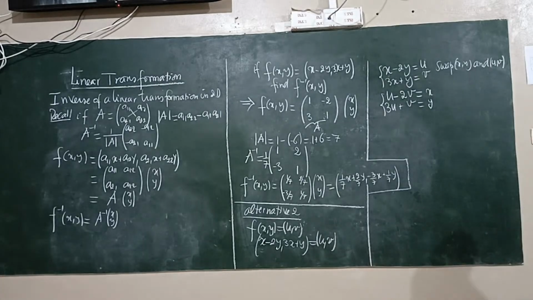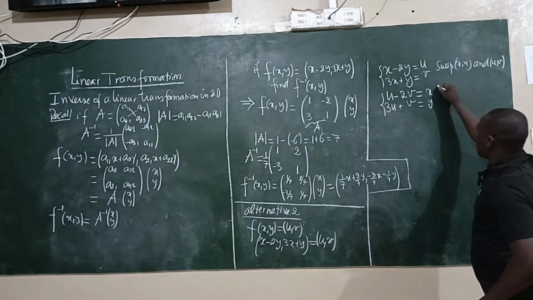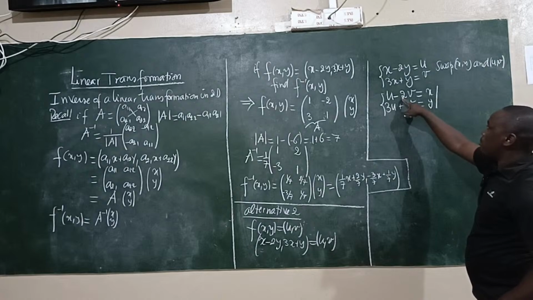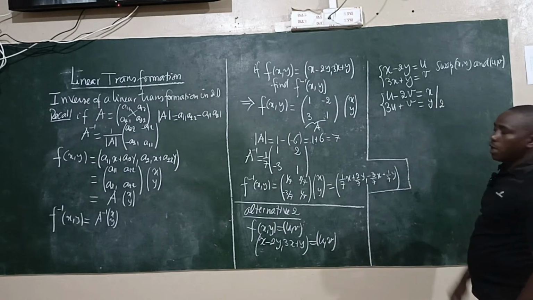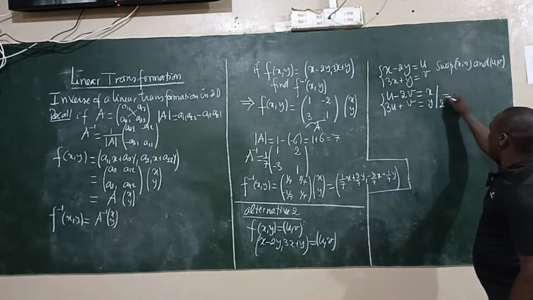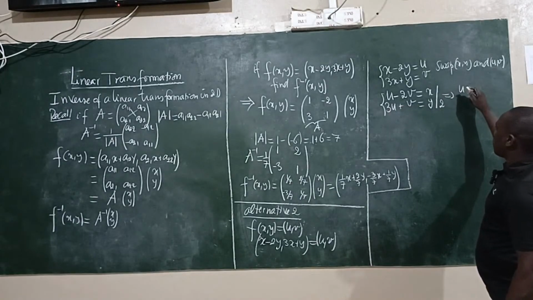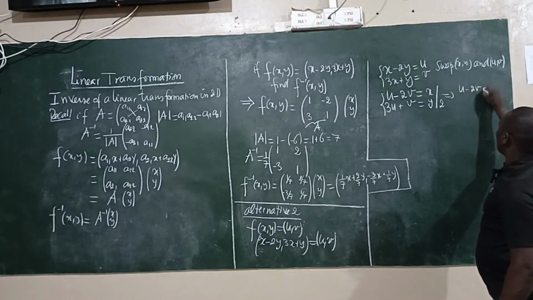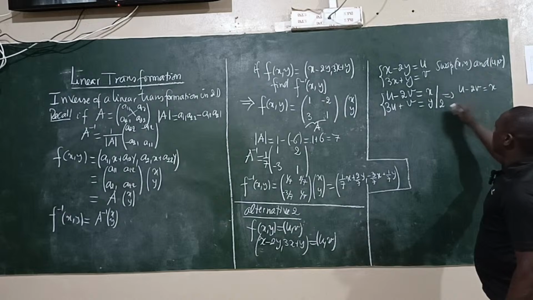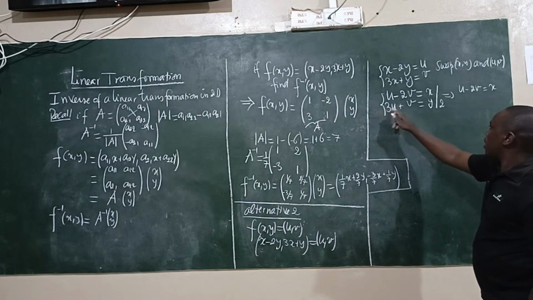What I'm going to do is to solve for u and v. Let me eliminate v because here is minus 2. This is going to be u minus 2v, which is x, and here multiply the second equation by 2.